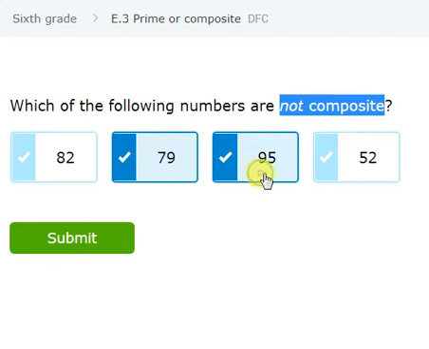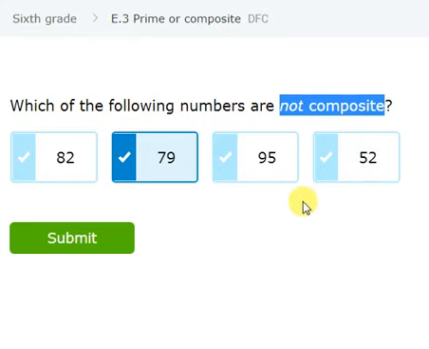If you come to this number, you can see that it has 5 in its units place, which falls in the category of divisibility of 5. That means it is a multiple of 5, hence it is a composite number. So we would not select this. Coming to this, again we apply the divisibility of 2, and it is a multiple of 2, hence it is a composite number. So we would not select this.